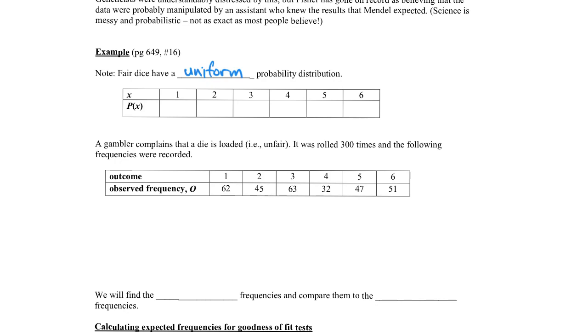And the reason they're kind of boring is because if you have a fair 6-sided die, well, the probability that you get a 1 is 1 out of 6. Probability you get a 2, 1 out of 6. 3, 1 out of 6. All the way down the line, they're all the same. And that's why you get the name of uniform.